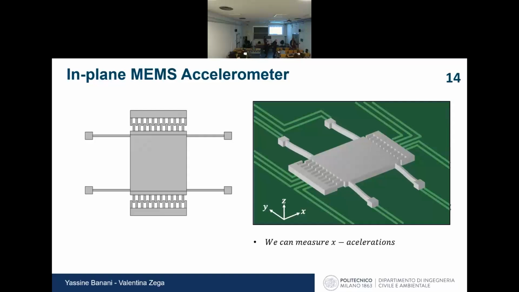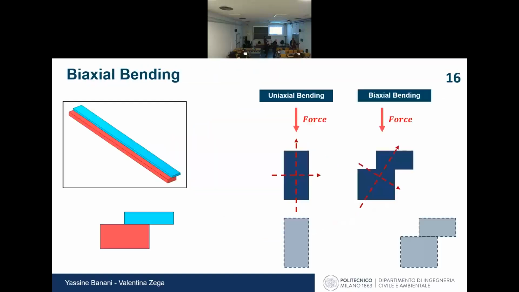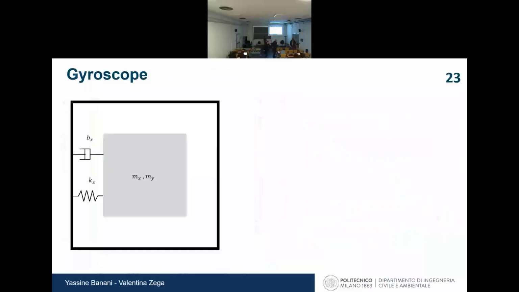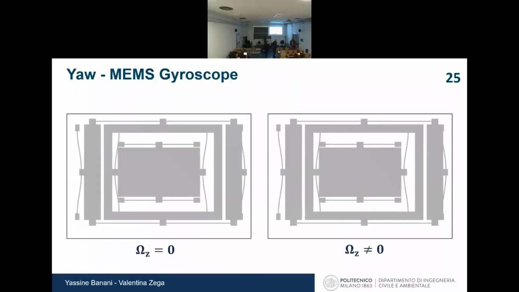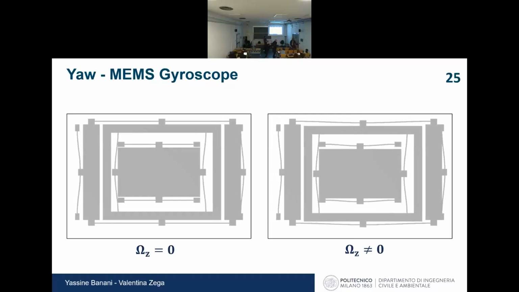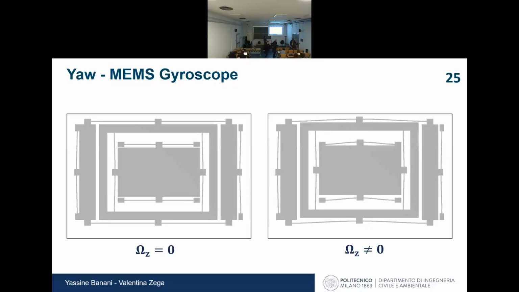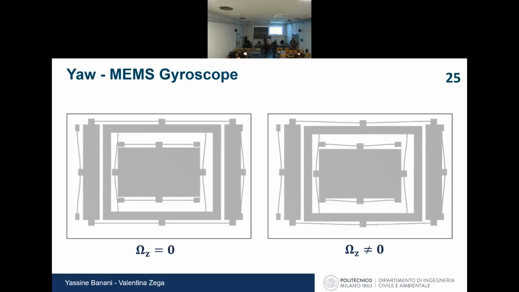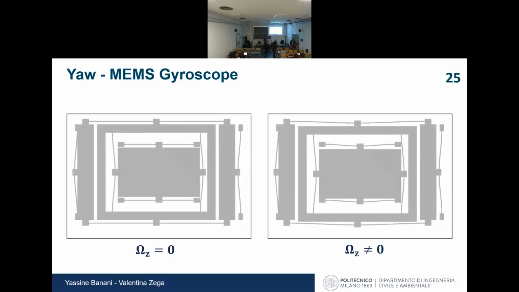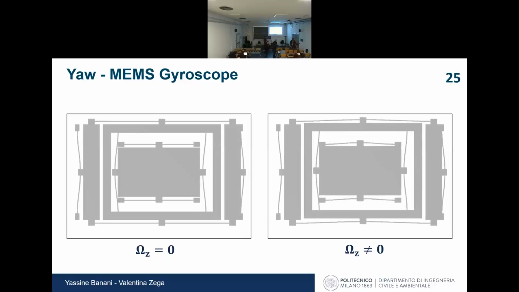Also for the gyroscopes, in this case you see this motion, it can be large, but this one, due to the Coriolis force, is 3 orders of magnitude smaller than this one. So if you move like 1 micrometer in this direction, you move 1 to 2 nanometers. It was exaggerated just for the animation, but they're very small.